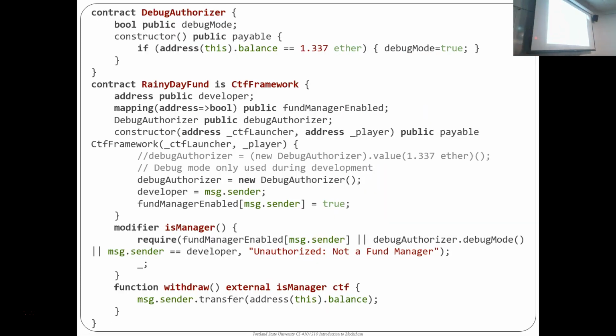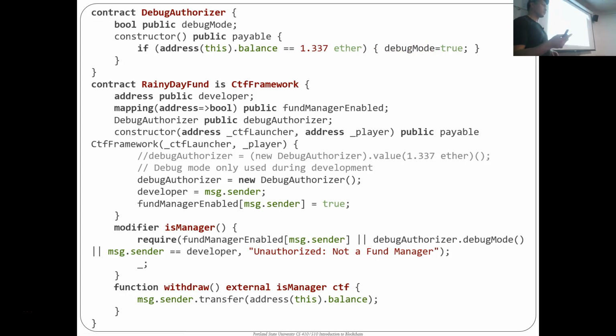And then this is the level. The level has two contracts. There is this debug authorizer contract, and it's got a single Boolean, and this Boolean says whether or not to put something in debug mode. If this contract is instantiated with 1.337 Ether, then you set debug mode to true.